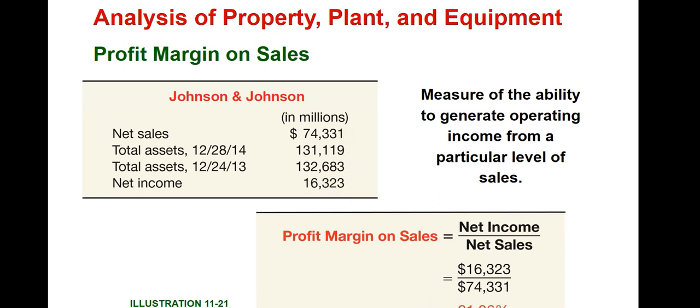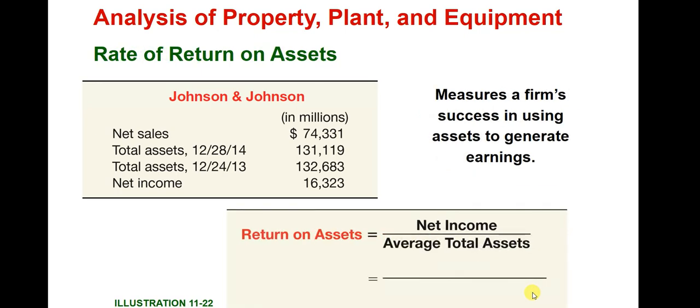So the answer is, you can't see that, but 21.96. So 22 cents of every dollar winds up as net income. And then the last one, remember the first one I said just uses sales. Well, this one uses net income, so this one considers expenses. Same denominator, but with net income, and it's 12.37.